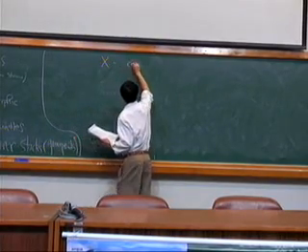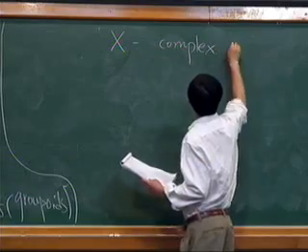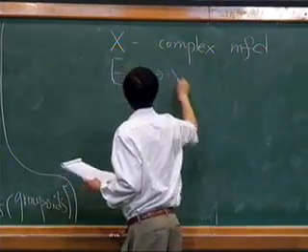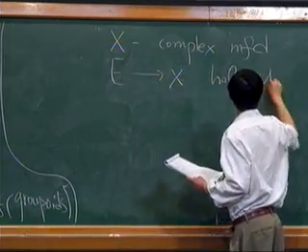X is a complex manifold, and E is a holomorphic vector bundle.